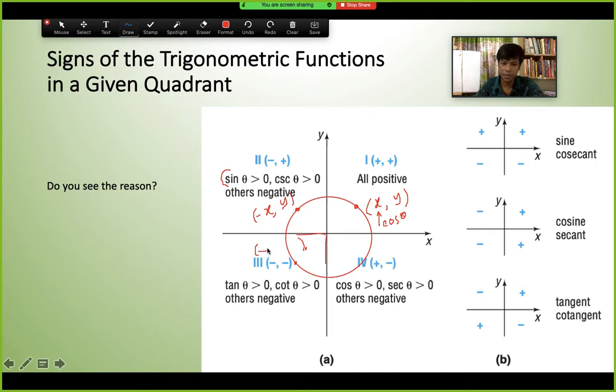So individually cos is negative, sine is also negative, but tan is positive, because negative sine divided by negative cos, negative negative is positive. That's why tan is positive in this box. So this is called the third quadrant. In the third quadrant, tan is positive.